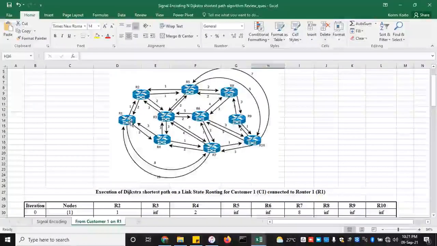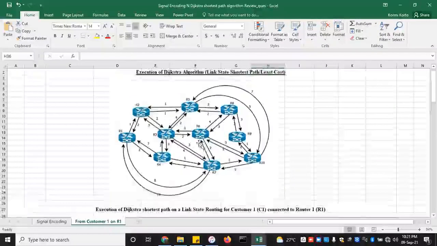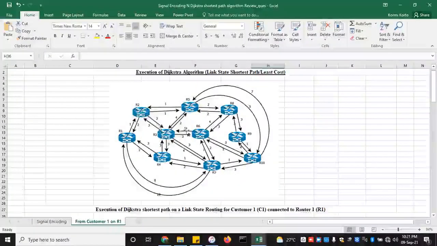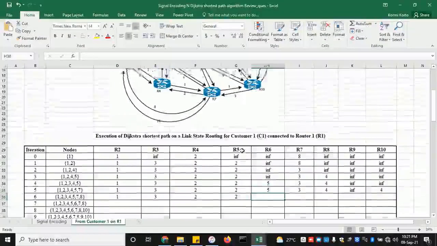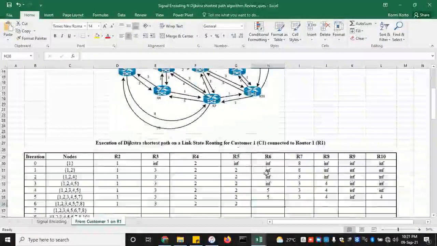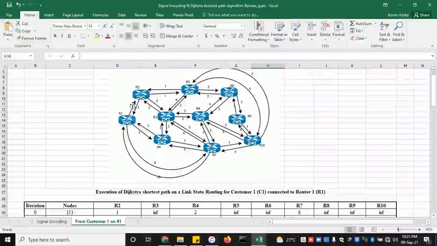We can tell already that the route going through 7 is going to cost you a higher cost because of the 8 already associated with this from 1 to 7. Okay, so we can forget about that one. Let's focus on this route. So 6 will still be 5 because it's 1 plus 2 plus 2, which is 5.